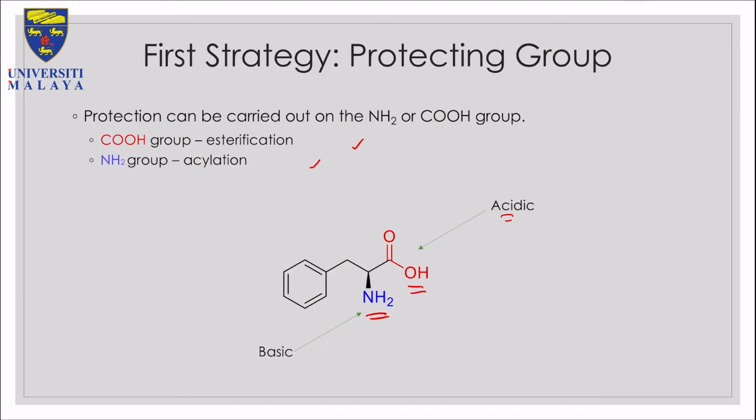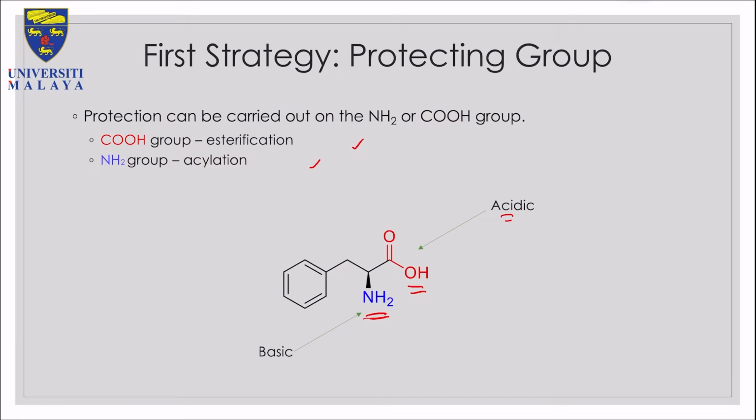At the same time, you need to make sure that the protecting group of your choice is compatible with one another. We will look at compatibility towards the end of the lecture, but for now, we will just focus on two functional groups. You have the carboxyl highlighted in red, and you have your amine group highlighted in blue.